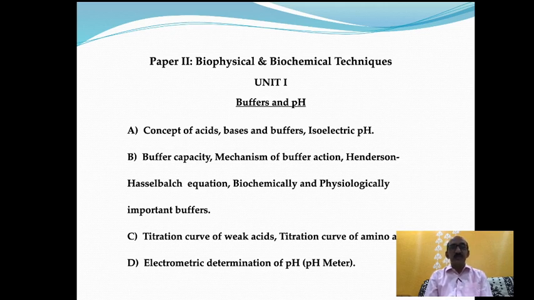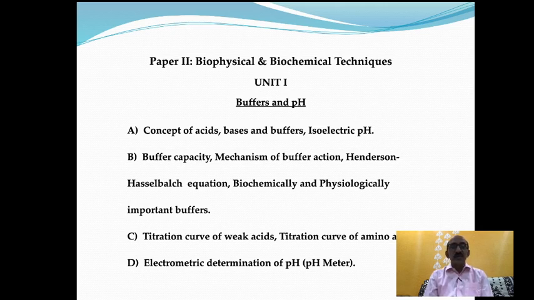The second topic is buffer capacity, mechanism of action of buffer, Henderson-Hasselbalch equation, and biologically and physiologically important buffers. The third topic is titration curve of weak acids and titration curve of amino acids, and the last topic is the electrometric determination of pH.